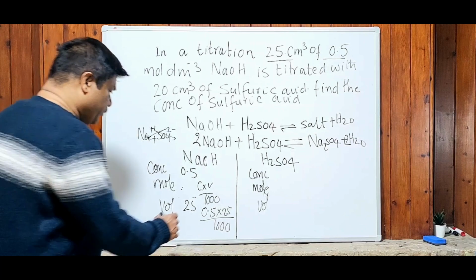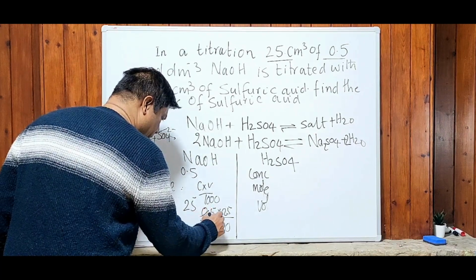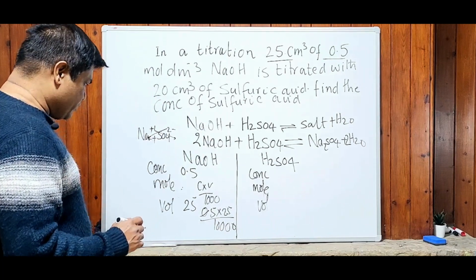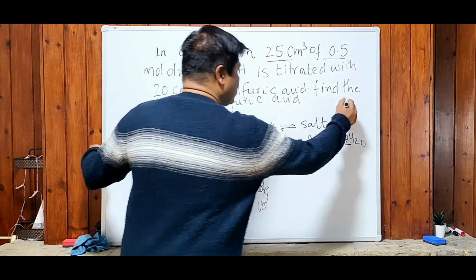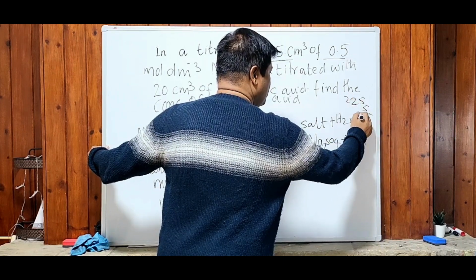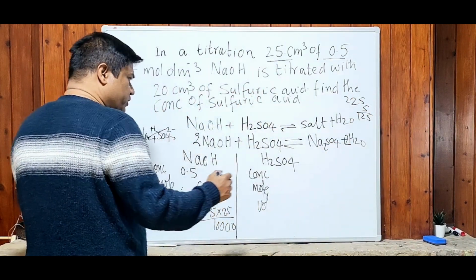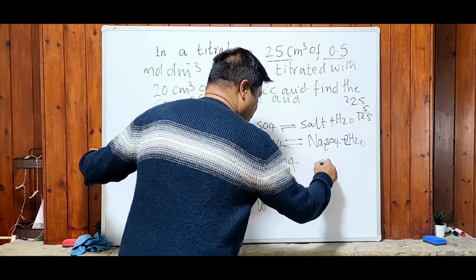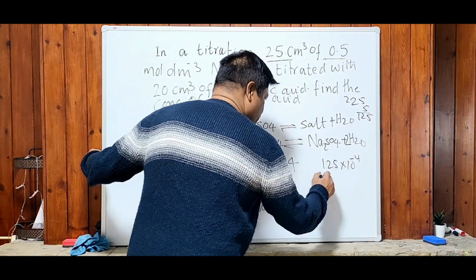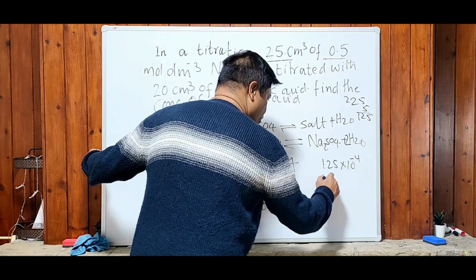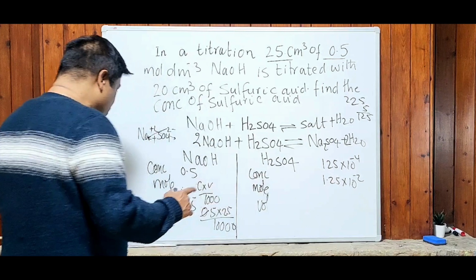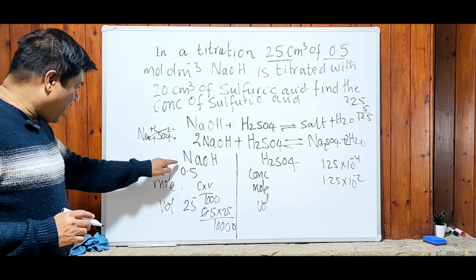So 5 times 25, how much is 5 times 25? It's 125. So 125 into 10 to the power of minus 4, or 1.25 into 10 to the power of minus 2. That's the moles of the NaOH.